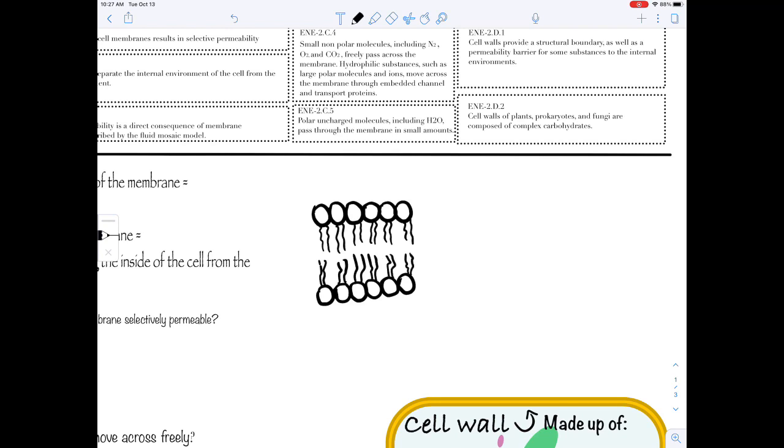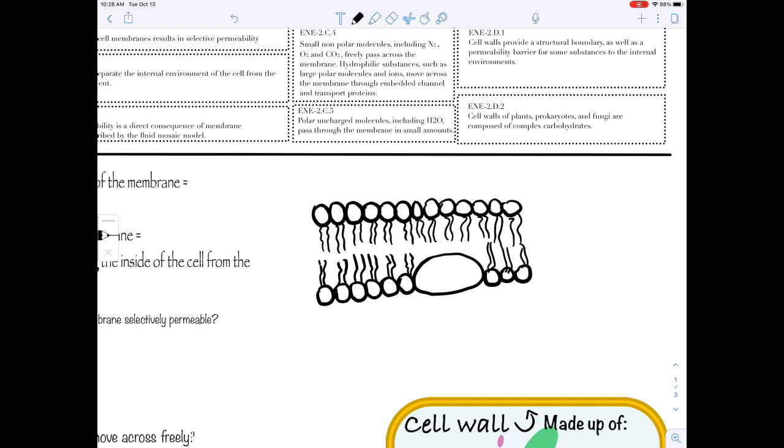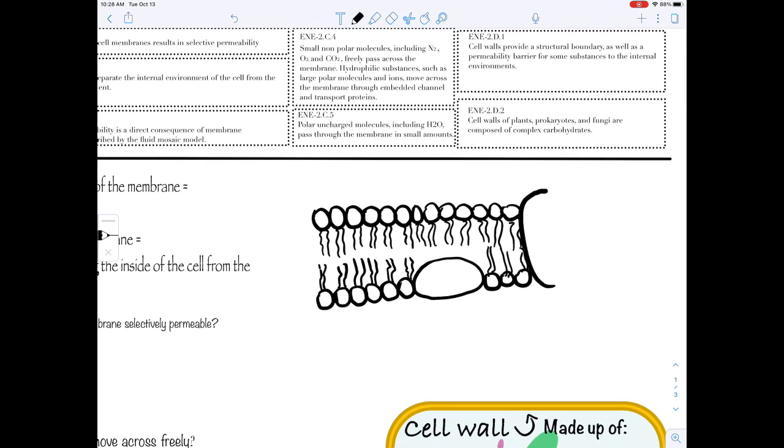The best way to have that bilayer is to have our tails face inside. And throughout our membrane, we are going to have proteins embedded in our membrane. Any substance that can't move through the membrane is going to be able to use the proteins to move across if it needs to.